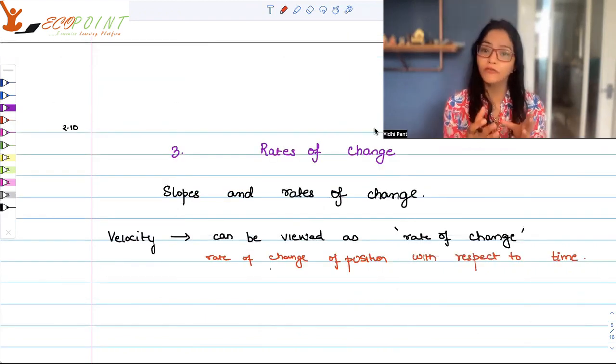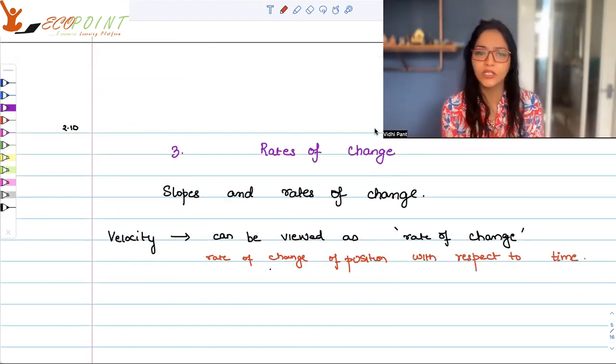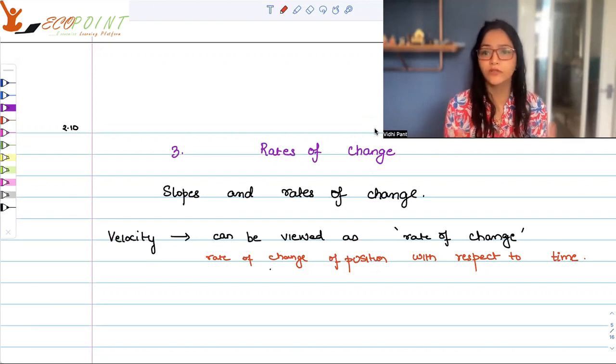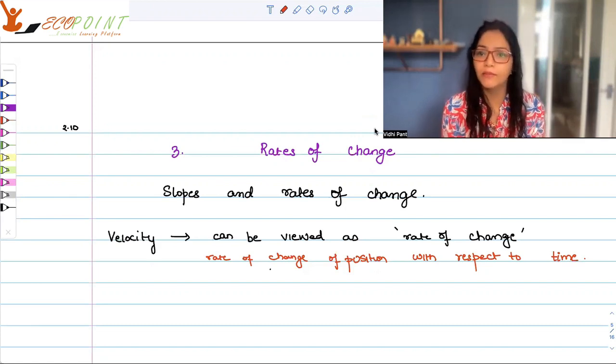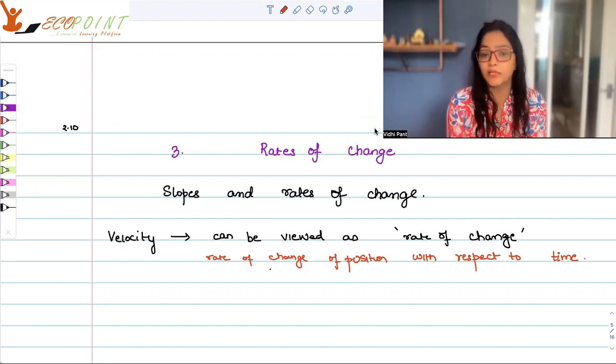But rate of change is not restricted to only velocity. Rate of change could be associated to various things in life. For example, a microbiologist might be interested in the rate at which the number of bacteria in a colony changes with time, right? An economist might be interested in the rate at which production cost changes with the quantity of a product that is manufactured, maybe, right?